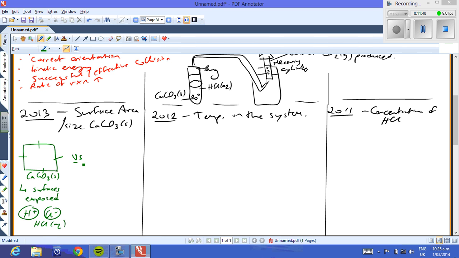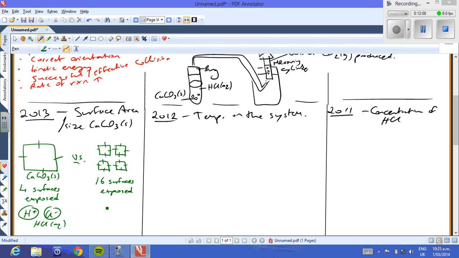Now, if we break that piece of calcium carbonate down into 4 smaller pieces, remember we're only thinking in 2 dimensions here, you would have 1, 2, 3, 4, and so on for each piece. So 4 times 4, 16 surfaces exposed. So you have 4 times the surface area just from making the particle 4 times smaller.